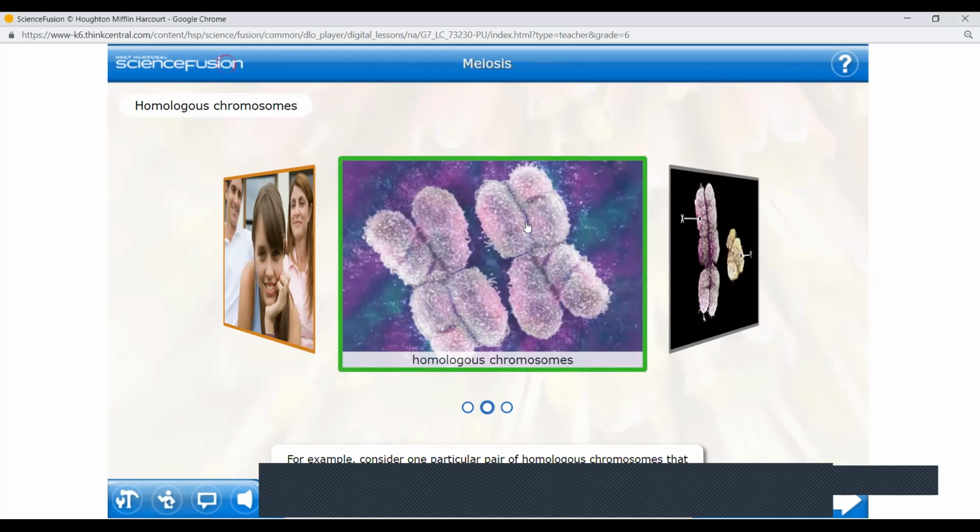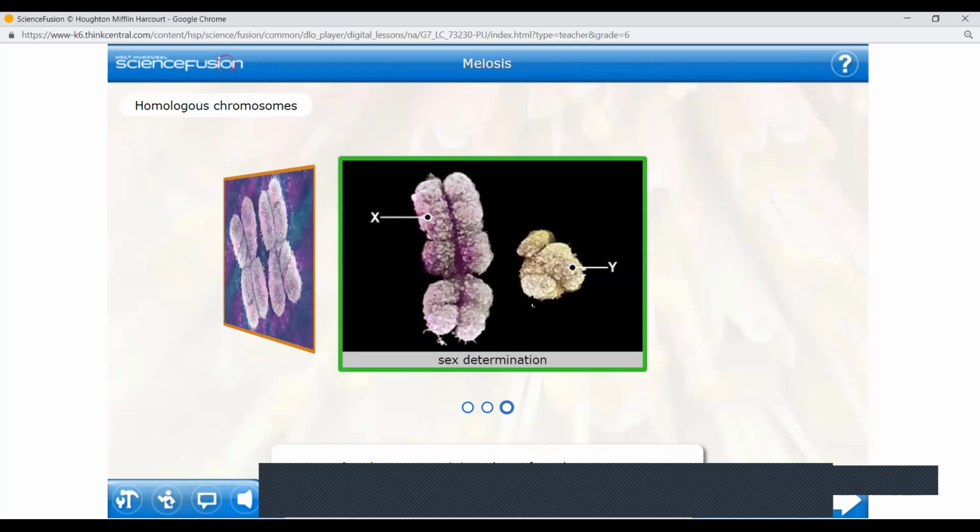For example, consider one particular pair of homologous chromosomes that contain a gene that partially determines eye color. Both members of the pair will have the gene for eye color. One chromosome might have the gene version for blue eyes, and the other chromosome in the pair might have the gene version for brown eyes.